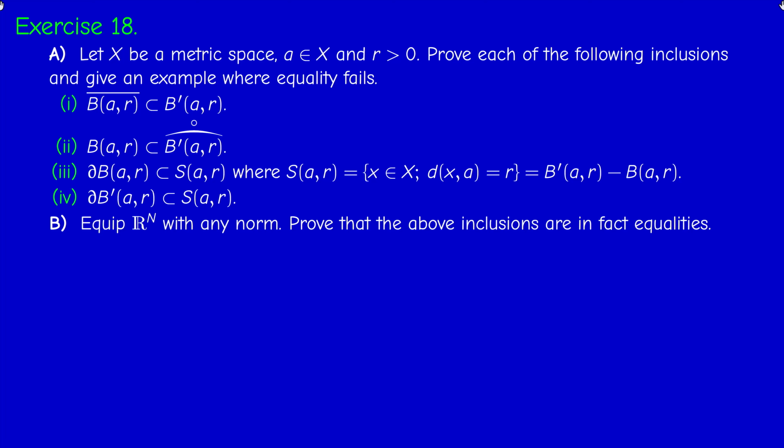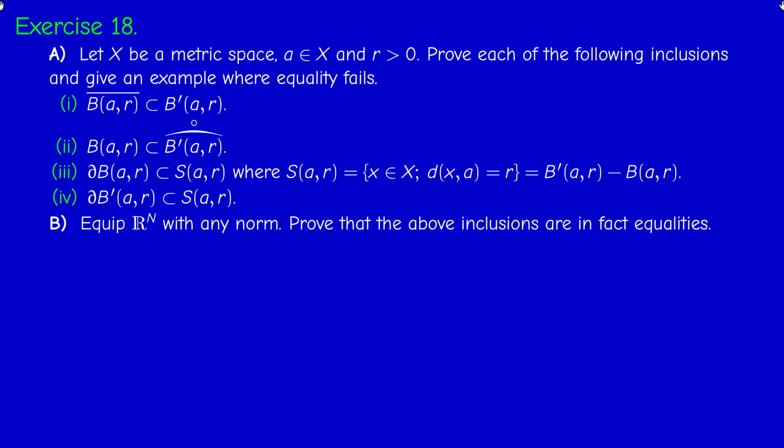We are given a metric space X, a point A in X, and a positive number R. So we have to prove 4 inclusions. The closure of the open ball of center A and radius R is contained in the corresponding closed ball. The open ball is contained in the interior of the closed ball.